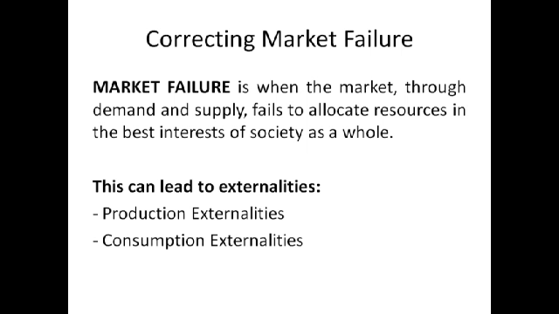And now we've come to market failure. Dun dun dun. Market failure is when the market, through demand and supply, fails to allocate resources in the best interests of society as a whole. This could mean that a particular firm isn't being as efficient as it could possibly be.